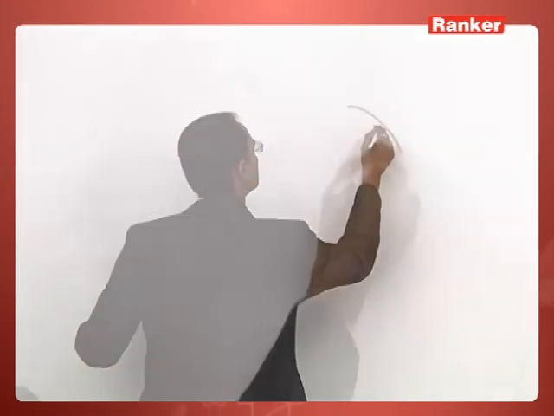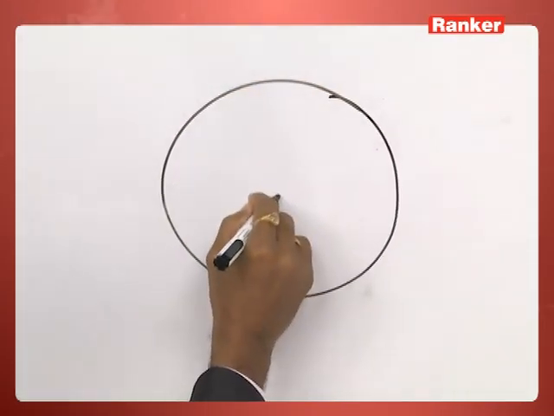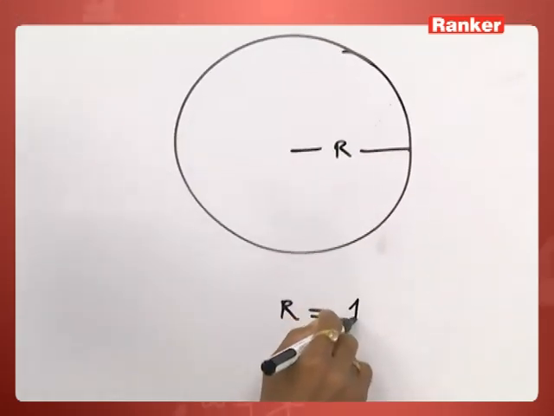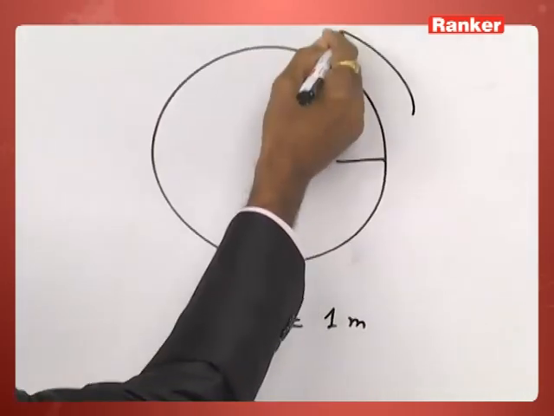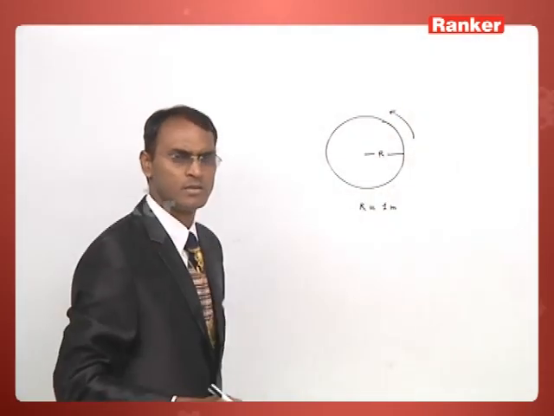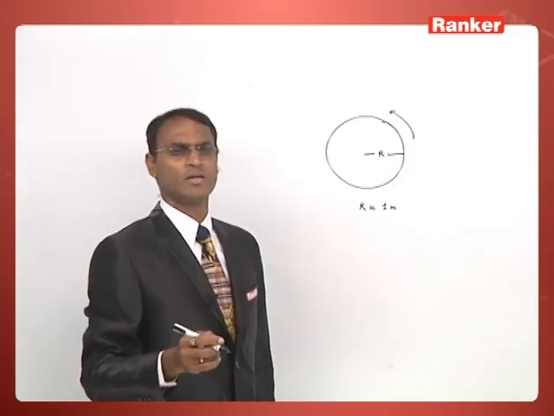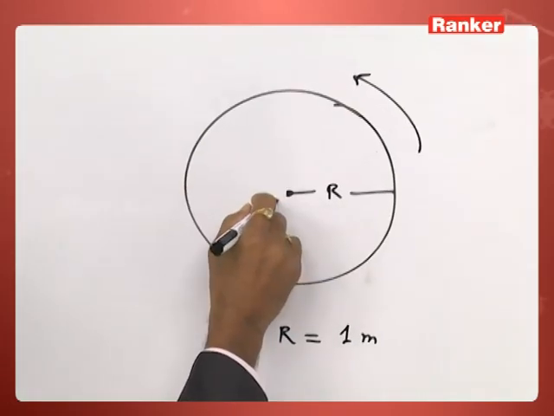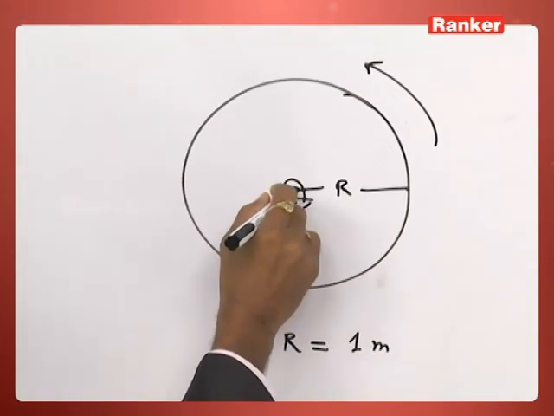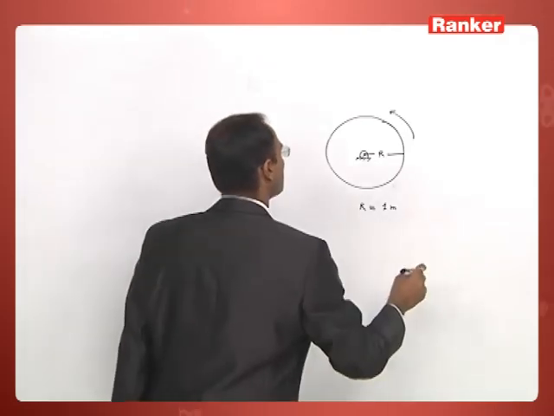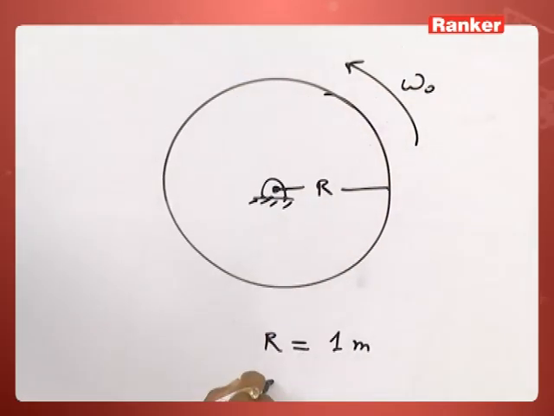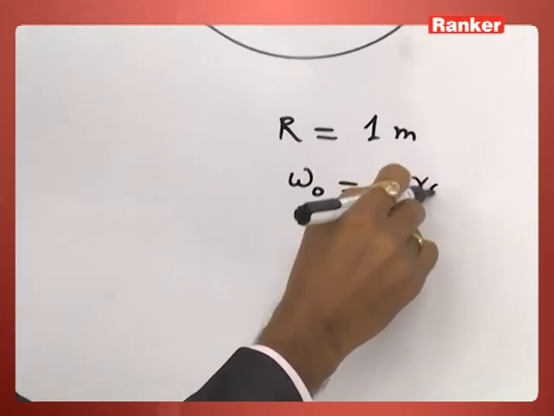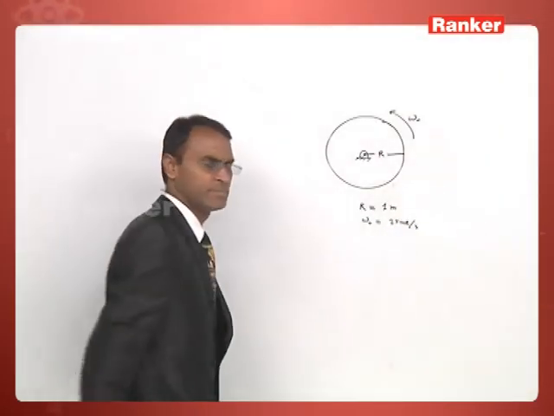The example is this disk of radius r is equal to say 1 meter, spins. Another name of rotation is spinning. It spins about its center of mass with an initial angular velocity omega naught. Suppose is 2 radian per second.